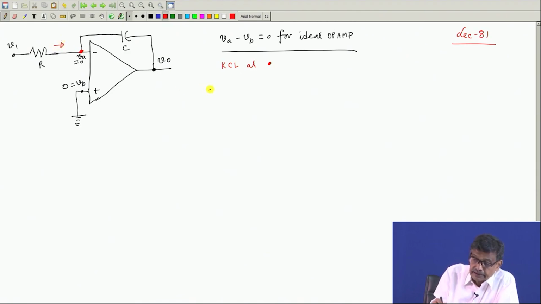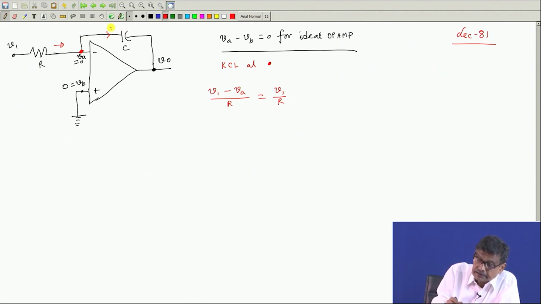This current is V1 minus VA by R, which is the same as V1 by R, because VA is 0. And the same current has to go there.